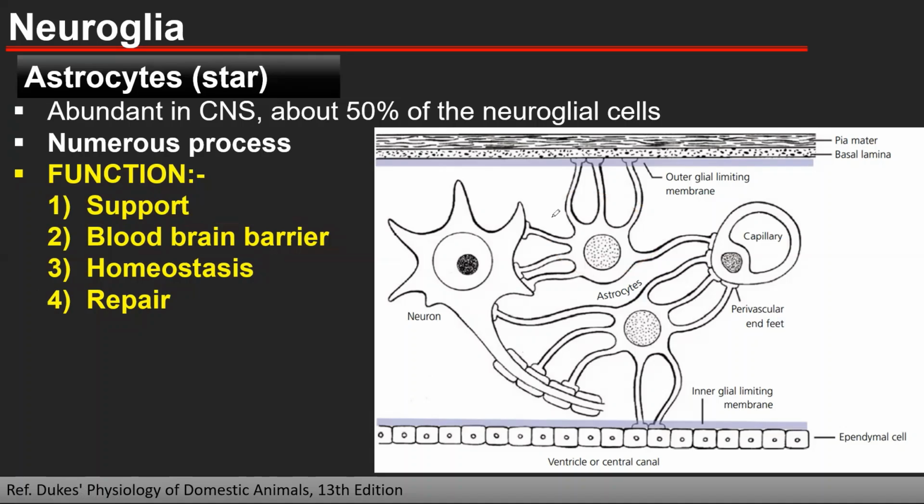It has many functions, like physical support to the neuron, and it secretes many chemicals that help in neuronal growth and allow the neuron to function properly, providing a good environment for the neuron. So one by one we will see their function. First support, then blood-brain barrier, homeostasis and repair mechanism.